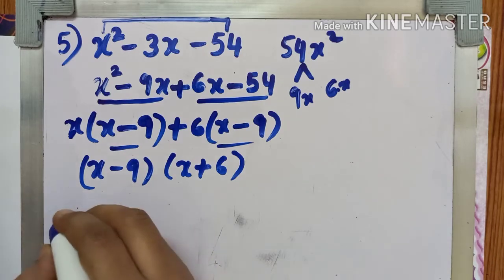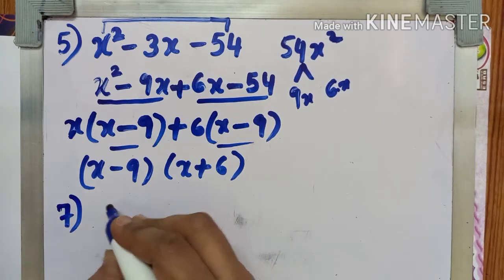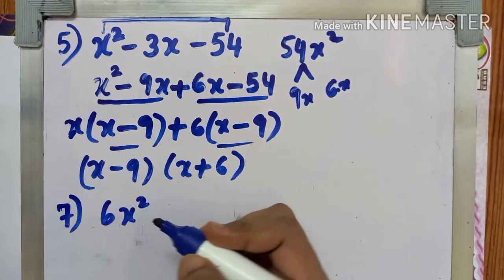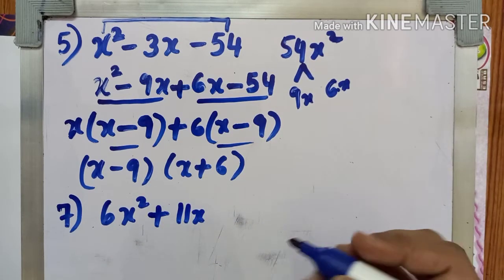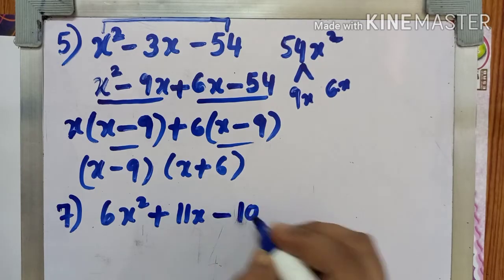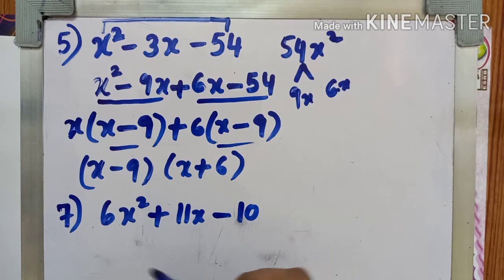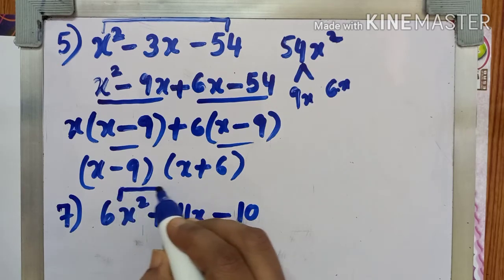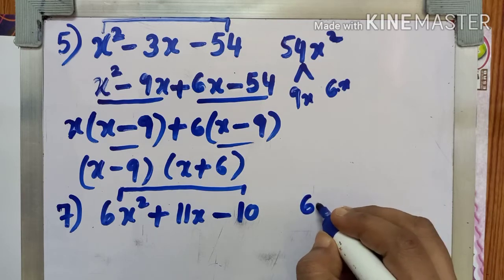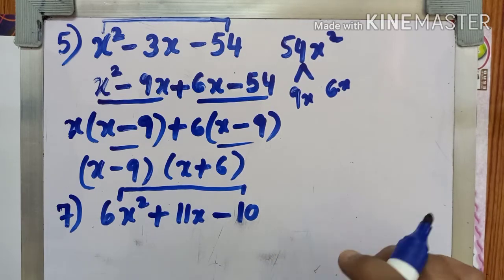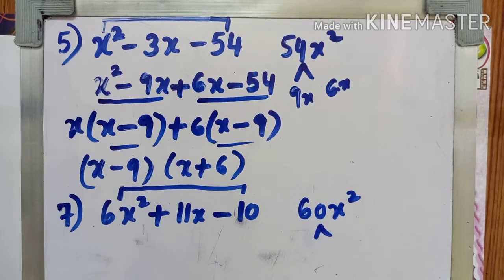Now the next problem is the 7th one. The question is 6x square plus 11x minus 10. So here first of all, first term with the last term, 6x square into 10. 6 tens is 60x square, so you're getting 60x square.